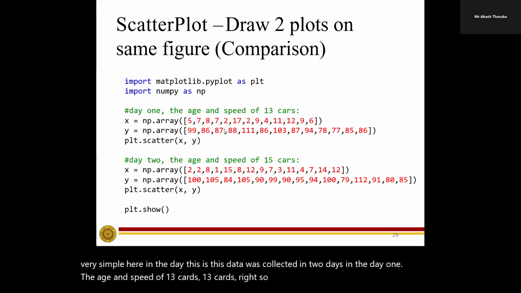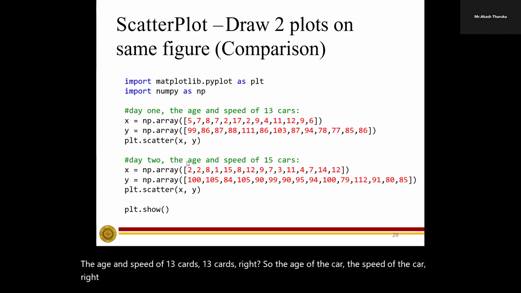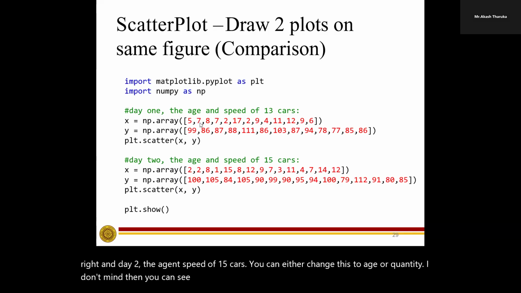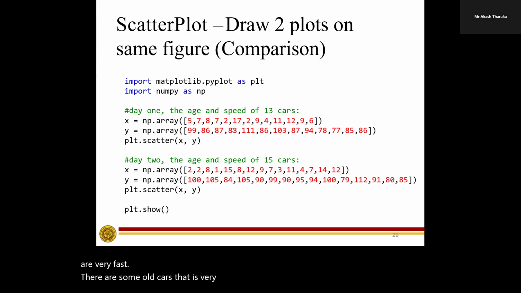So the age of the car, the speed of the car. And day 2, the age and speed of 15 cars. You can either change this to age or quantity, I don't mind. Then you can see 5, 99, 7, 86, likewise. You can see that new cars, when the age is 5, are very fast. There are some old cars that are very fast. There are differences.